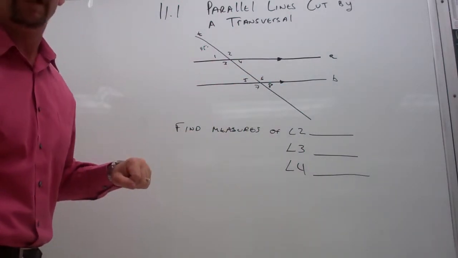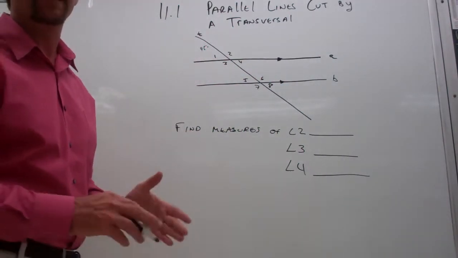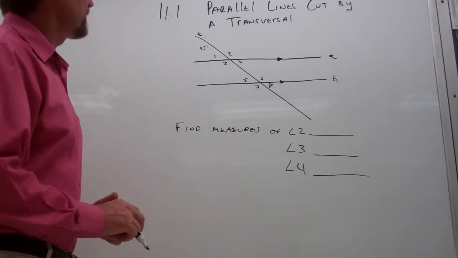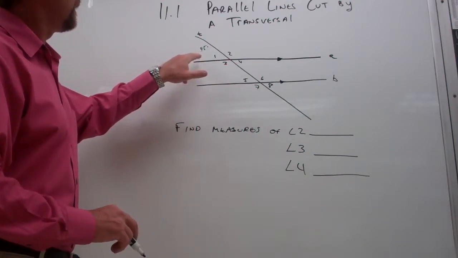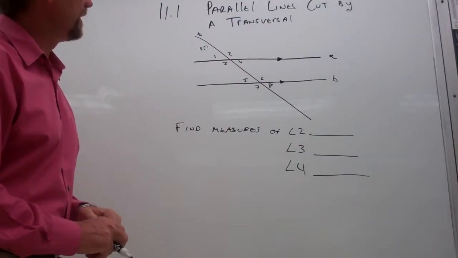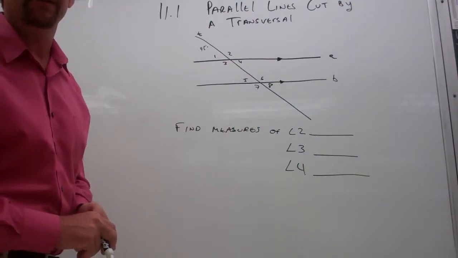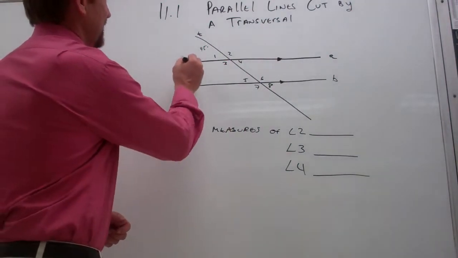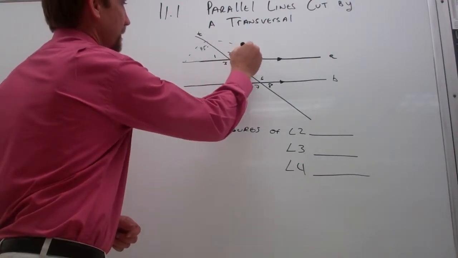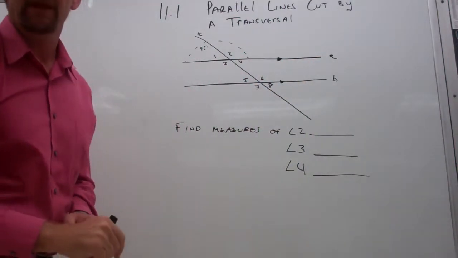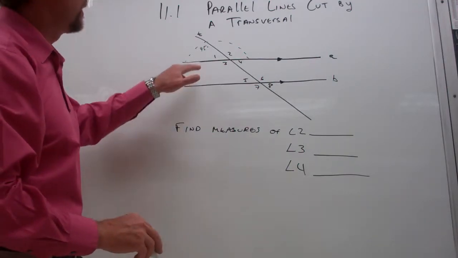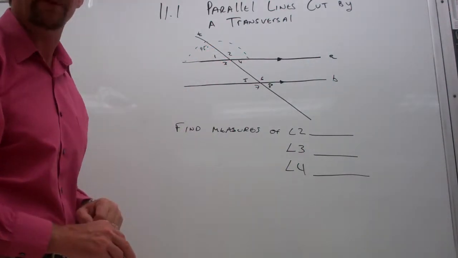5, 6, 7, and 8 too, by using some of your properties as far as corresponding angles, alternate interiors, alternate exteriors, and so forth. But let's start with angle 2. Since we know that angle 1 is 45 degrees, and 1 and 2 together make line A, and there are 180 degrees in a line, angles 1 and 2 must be supplementary angles.